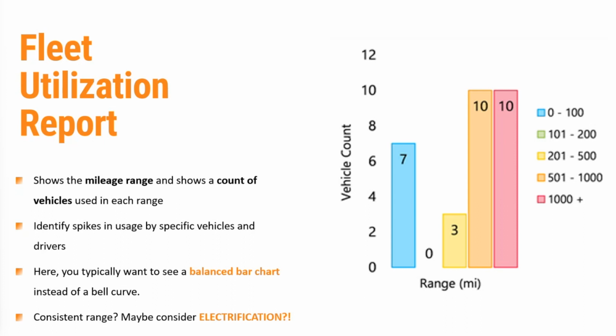This report is useful for identifying both upward and downward spikes in usage by specific vehicles or drivers, and where your customers or services range is. Now, fleet managers can combine the data on this report with the customer visits report or the customer versus non-customer visits report on MyGeotab.